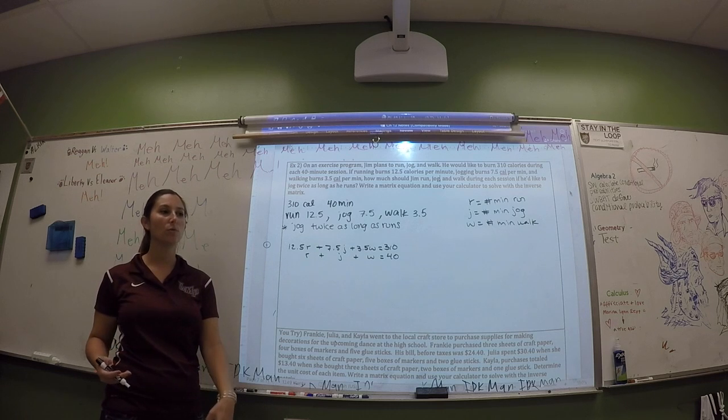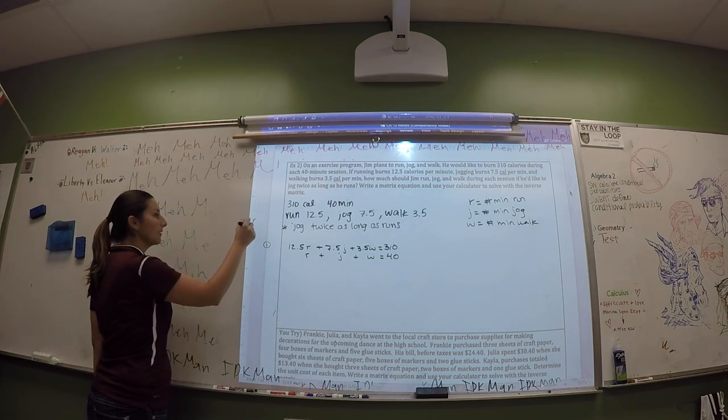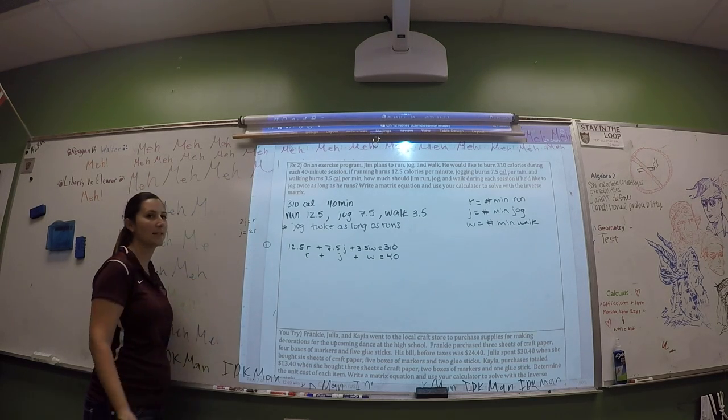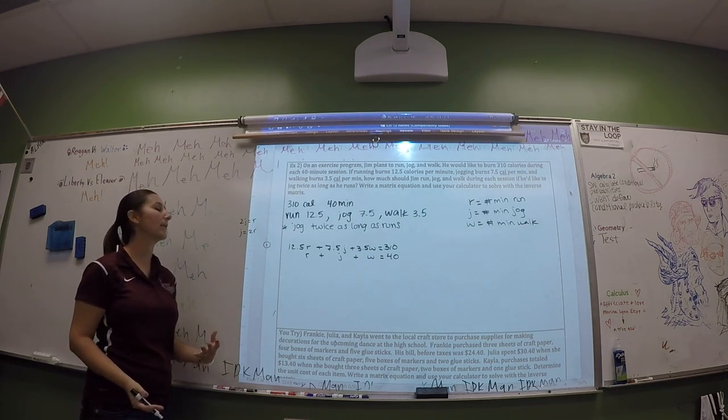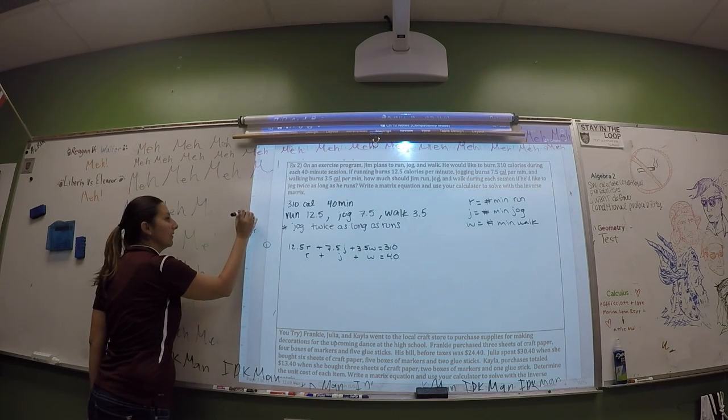Is it 2J equals R, or R equals 2J? It's either this or this. Let's plug in some numbers. First one: if J is 10, R is 20. Does that make sense?